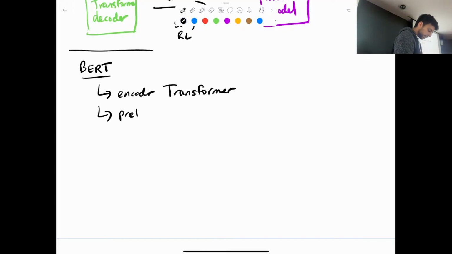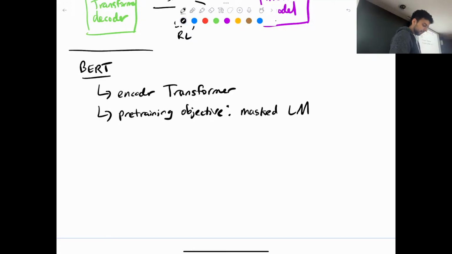So the pre-training objective is called masked language modeling. The reason that we need a new pre-training objective if we're switching to an encoder model is because in an encoder, each token can see not only the previous tokens, but also all the future tokens, right?